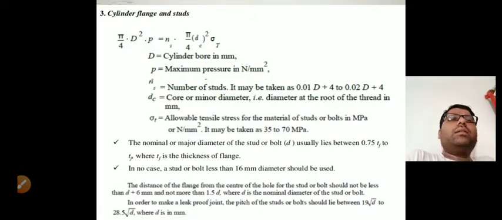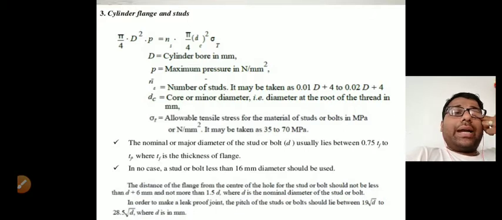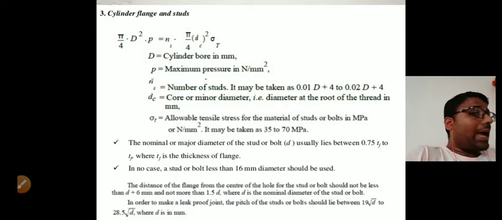Now the third terminology of the cylinder: the cylinder flange and stud. With the cylinder flange and stud, we can find what kind of stresses occur on the flange and stud. First, the maximum gas pressure is produced on the cylinder wall, the piston and in the opposite direction on the cylinder head. The cylinder head is fixed to the cylinder with the help of the cylinder flange and stud.